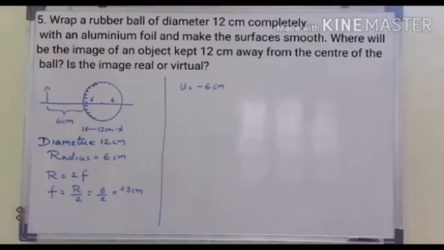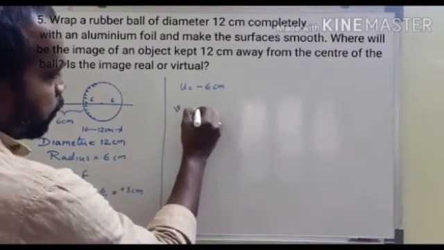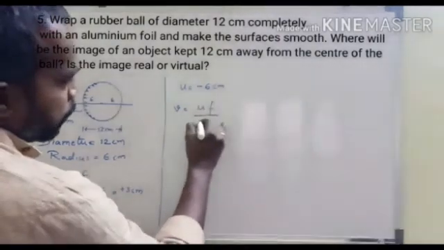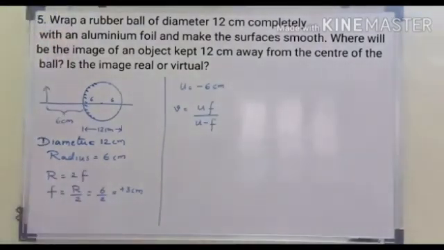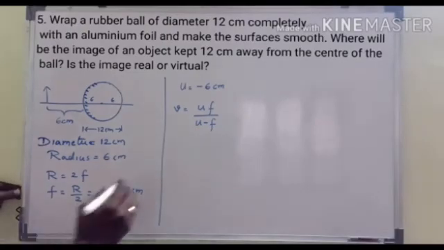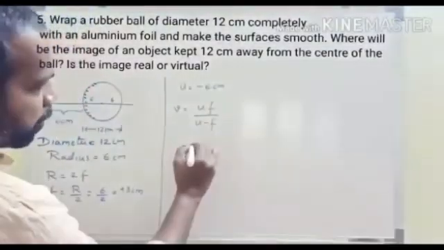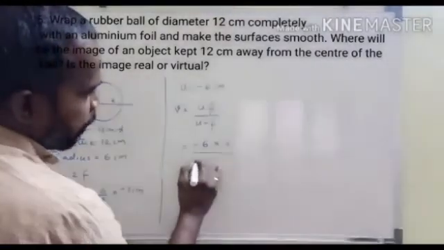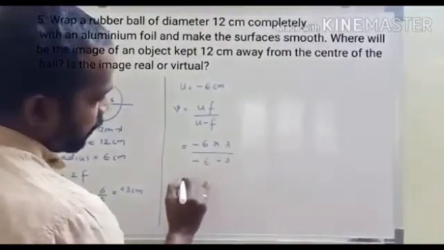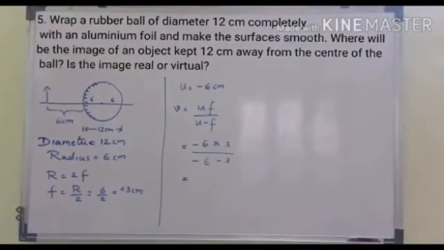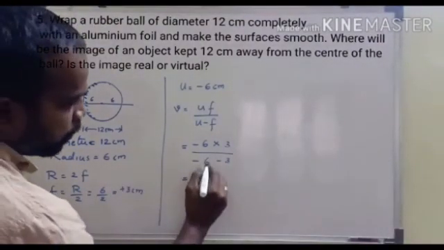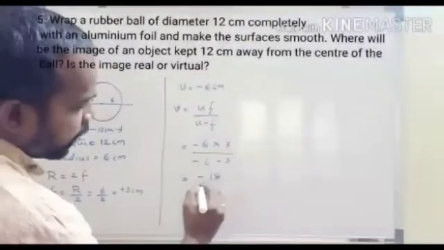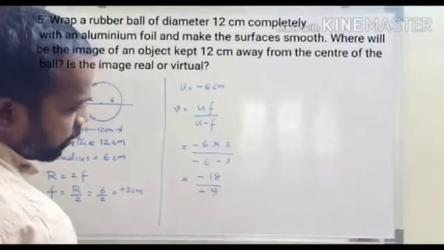We can find out the image distance using the formula v is equal to uf by u minus f, which is minus 6 into 3 by minus 6 minus 3, equal to minus 18 by minus 9.